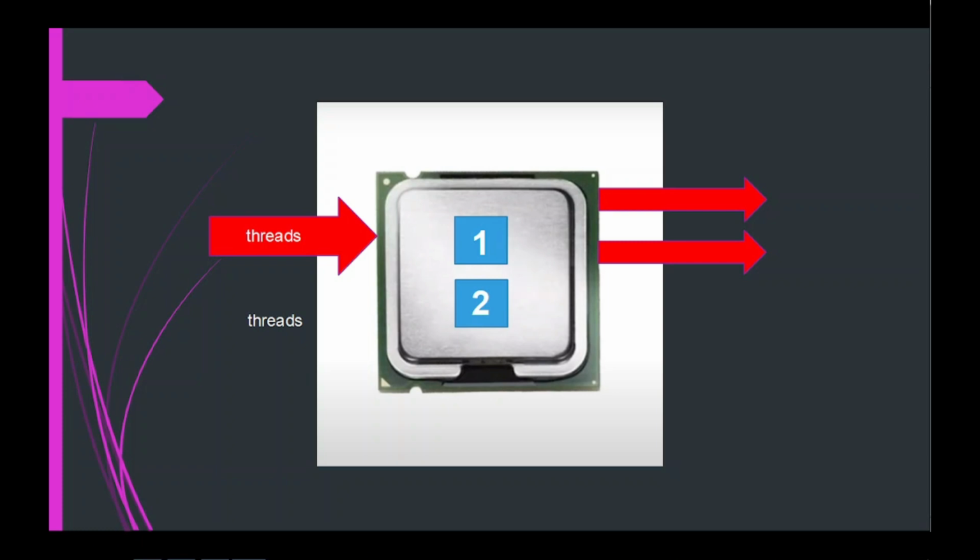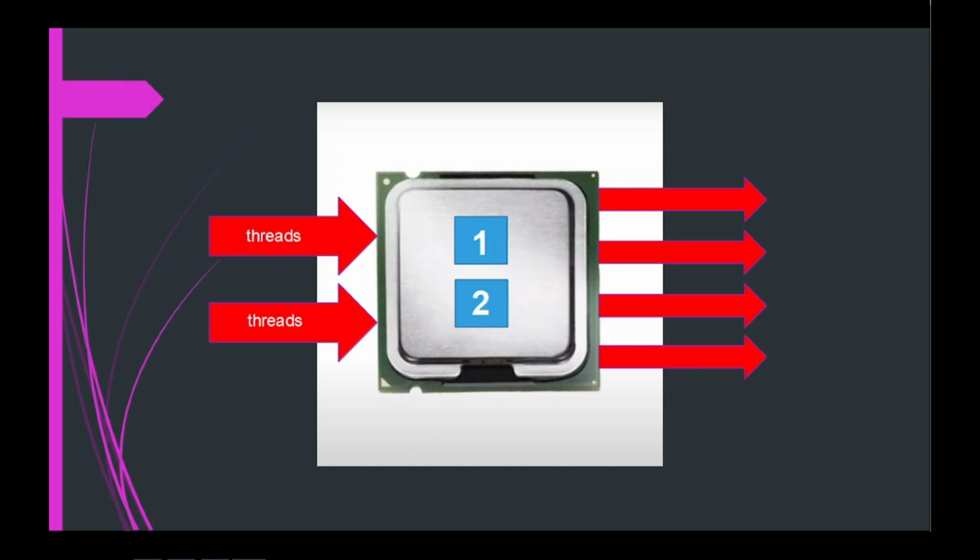One thread creates two logical threads that act as physical threads. So when the threads come in, it will show two processes.